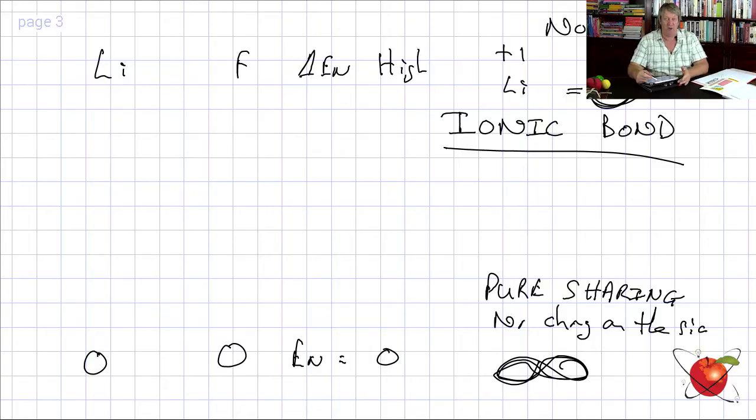We've got a lithium on the one side, which has got a +1, because all I've got is my 2 protons and 1 electron over here. Rather, sorry, 2 electrons. I've got an excess of protons. This side, I've got an electron too many. So this is a -1 and this is a +1 side. That is an ionic bond.